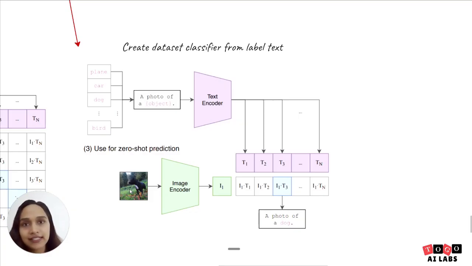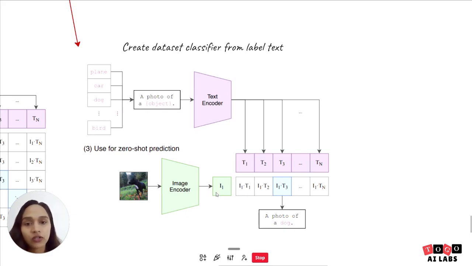If the training set had the word dog in a caption, then if we give a new image to the CLIP model, it should relate this visual only with the caption related to dog. So the cosine similarity or dot product of this image should match only with the vector of the dog.